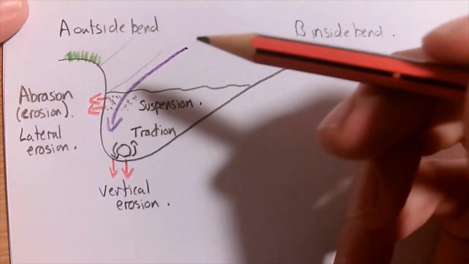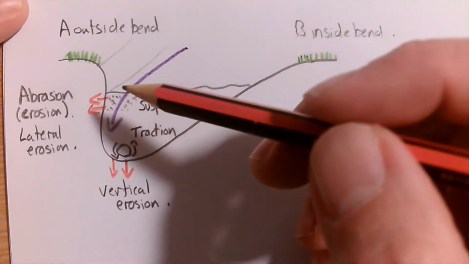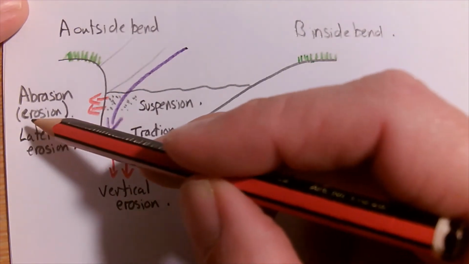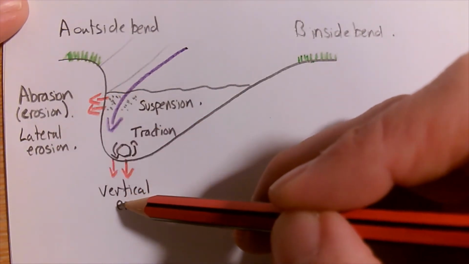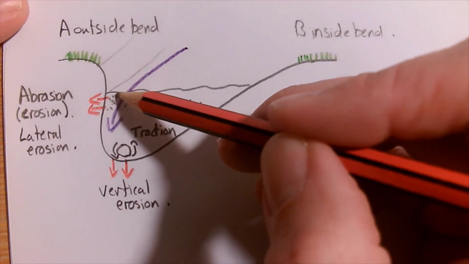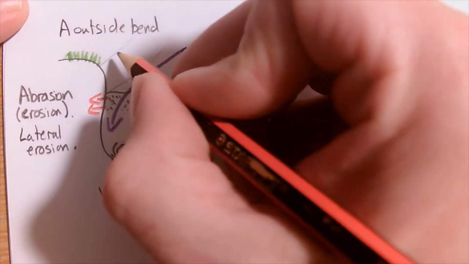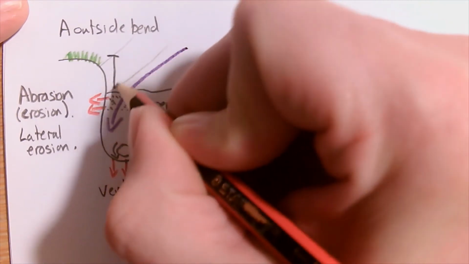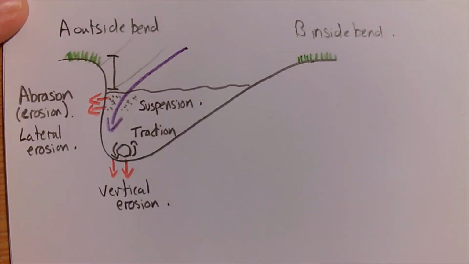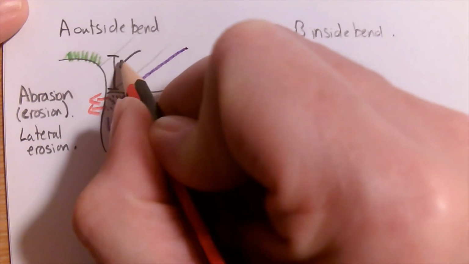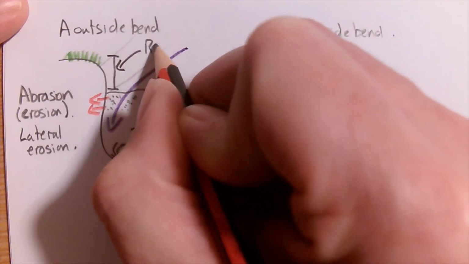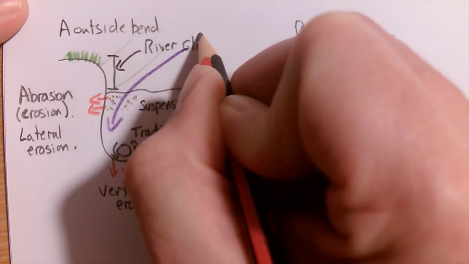So all of this erosive action that we have going on here, this lateral erosion and this vertical erosion, serves to make the river deeper on the outside bend, and it also creates this rather steep bank over here. The name for this steep bank is a river cliff.